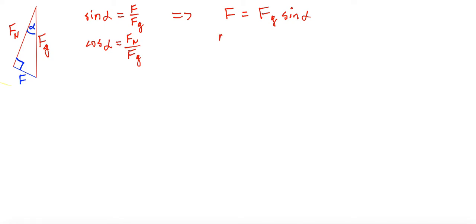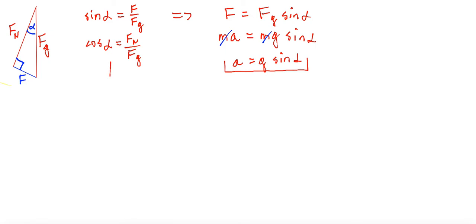Of course, force by Newton's second law of motion can be written as mass times acceleration, and the gravitational force as mass times gravitational acceleration. You see that the mass is cancelled. And here you have the equation for acceleration of the object placed on the slope. It is gravitational acceleration multiplied by sine of the angle which the slope makes with the horizontal.